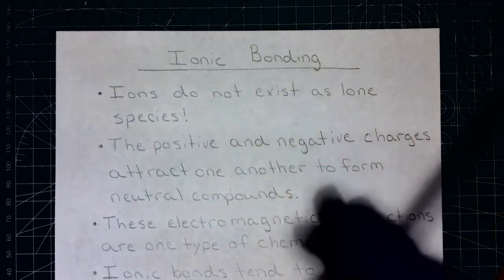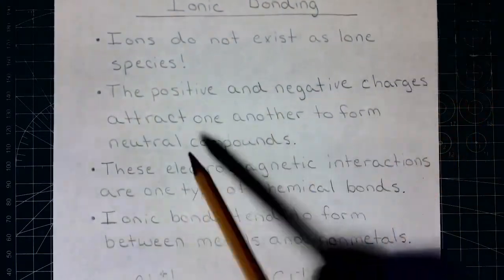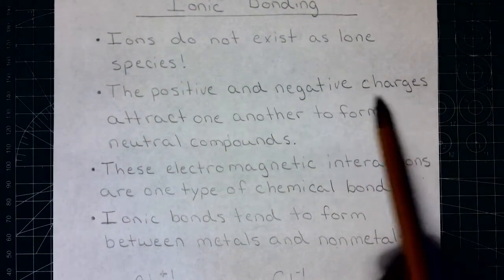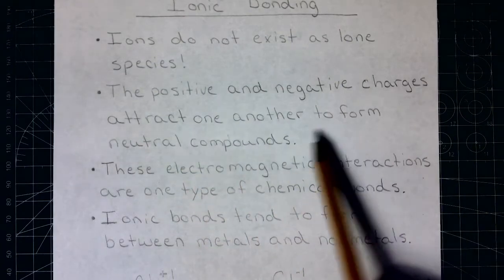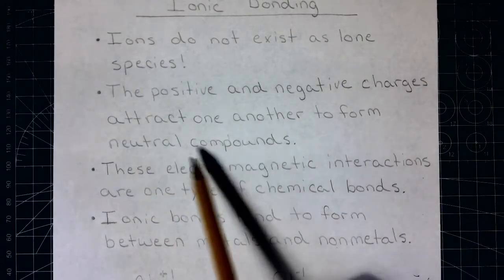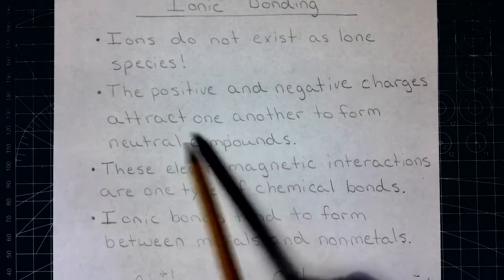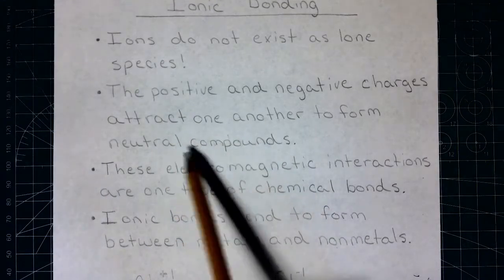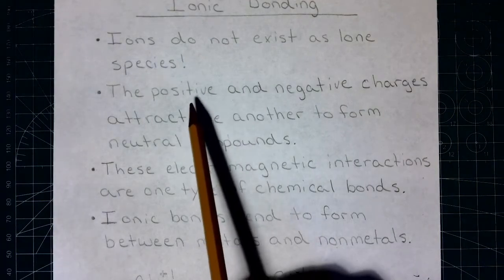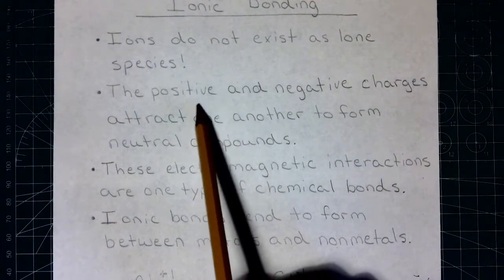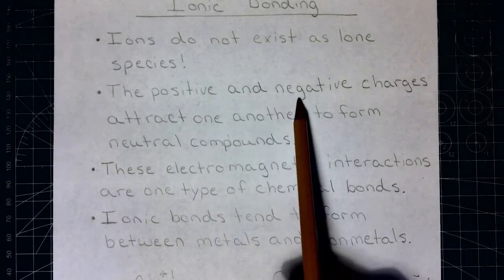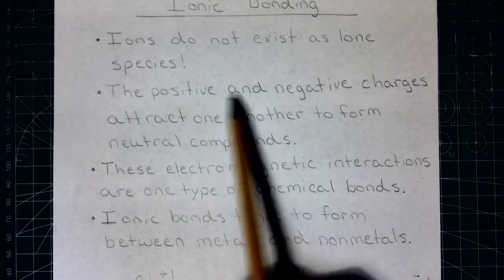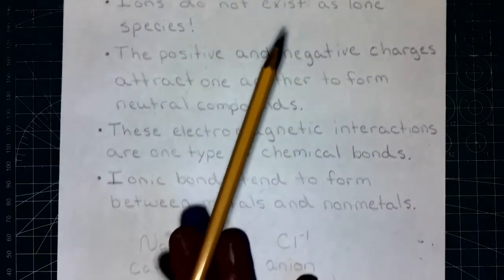So for every positive ion, we're going to have a negative ion, and they're going to attract one another and form neutral compounds. That's why bulk materials we have aren't charged, right? They don't have electrical properties like that. They would have very different properties if they were allowed to just take on a net positive or negative charge. So for every positive, there's going to be a negative.